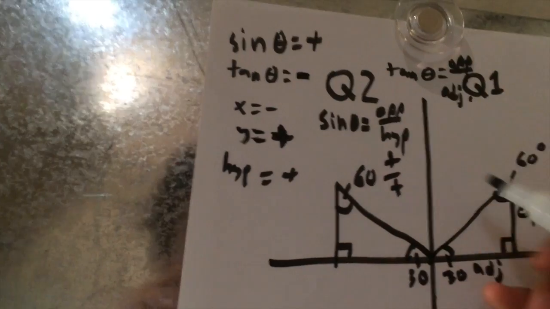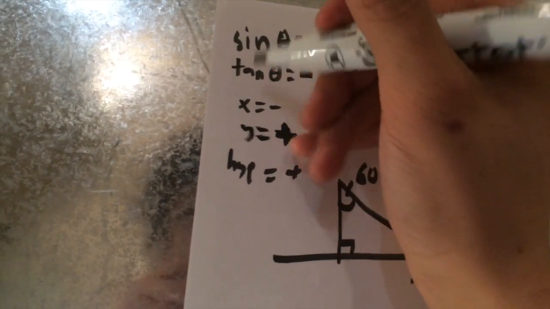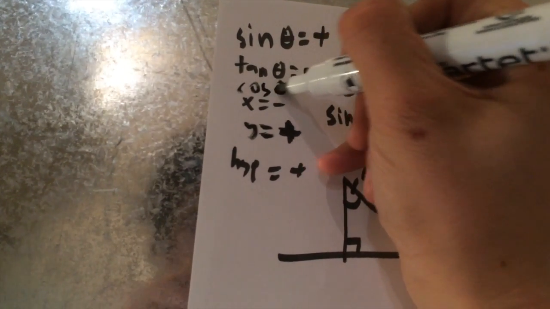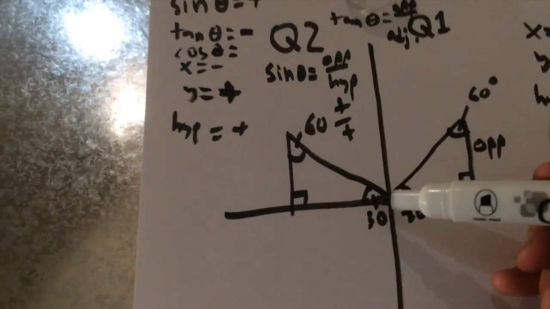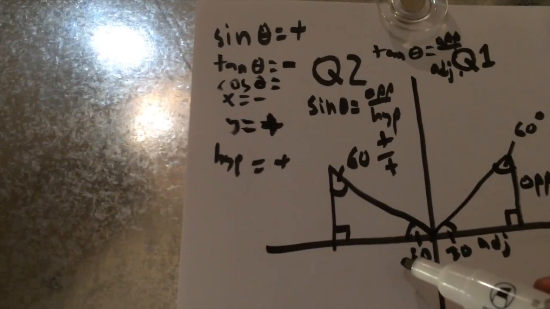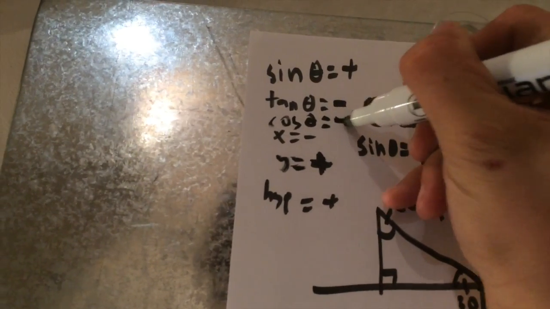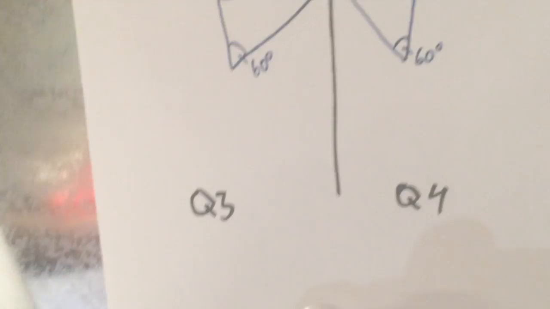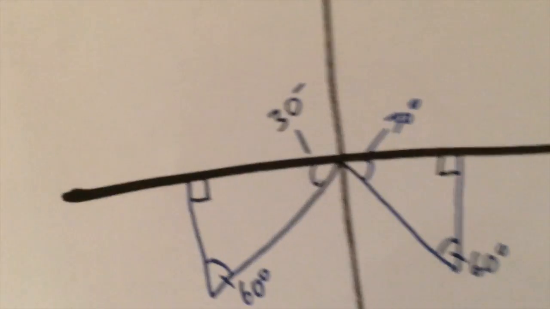So it's going to be negative. For the cosine, you are going to have the adjacent, which is negative, over the hypotenuse, which is positive, again having a negative cosine. So now on to quadrant 3 and quadrant 4.